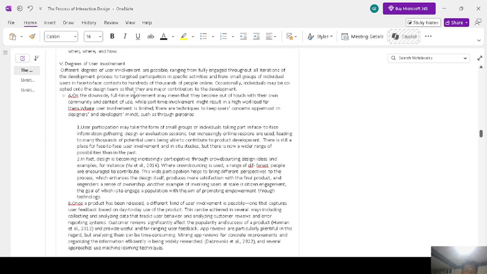Degrees of user involvement. Different degrees of user involvement are possible, ranging from fully engaged throughout all iterations of the development process to targeted participation in specific activities, and from small groups of individual users in face-to-face context to hundreds of thousands of people online. Occasionally, individuals may be co-opted onto the design team so that they are major contributors to the development.